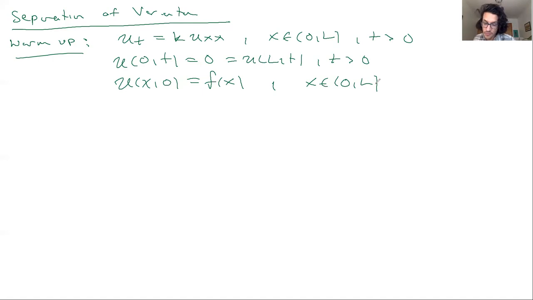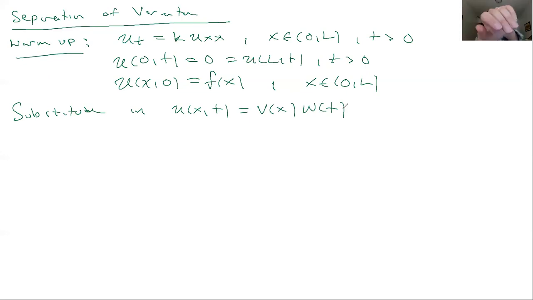The idea with separation of variables is that you look at this problem and say, maybe something I could guess that would be a solution is a solution that's just a product of a function of x and a function of t, okay?